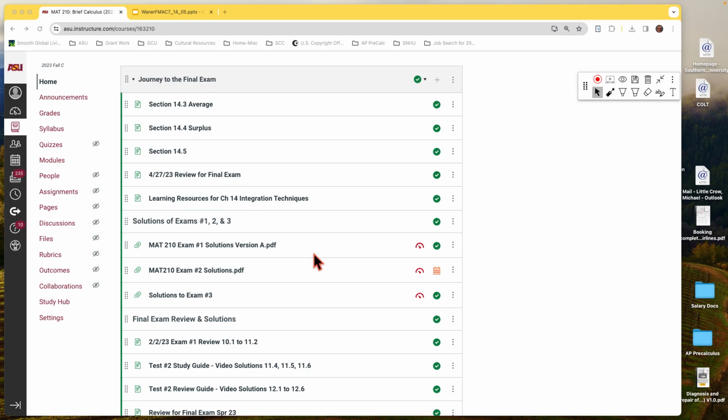And then the rest sort of goes over each of the exams. At least in the spring, the questions on the final exam were very similar to the types of questions that were on the midterm exams. Some of them were even formatted the same way with just different functions and such.